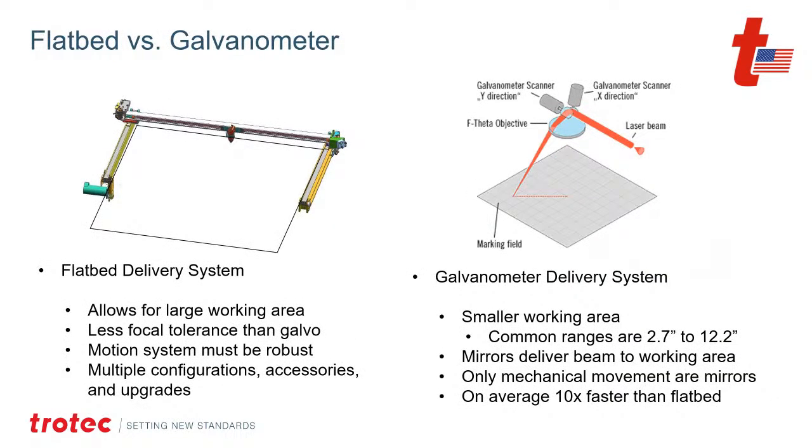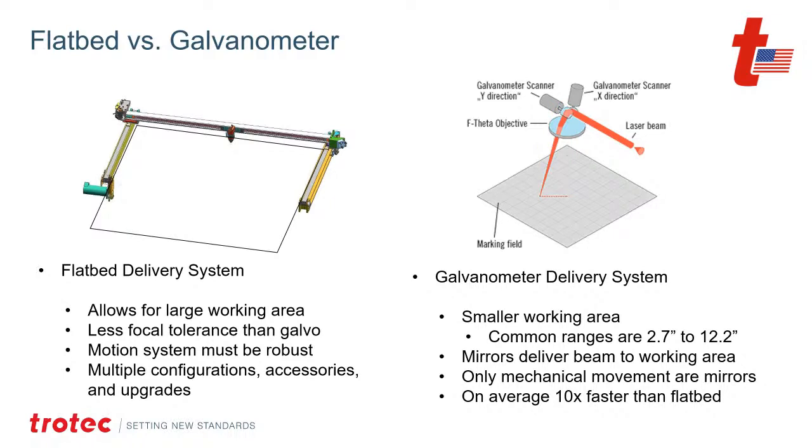Now, we are going to be covering a couple different platforms of laser types today. Just for those that may not be familiar with the types out there, Trotec makes two types of motion system within our product line, if you will. We make a Galvo based laser system, and we make a gantry-based laser system, also known as a flatbed.